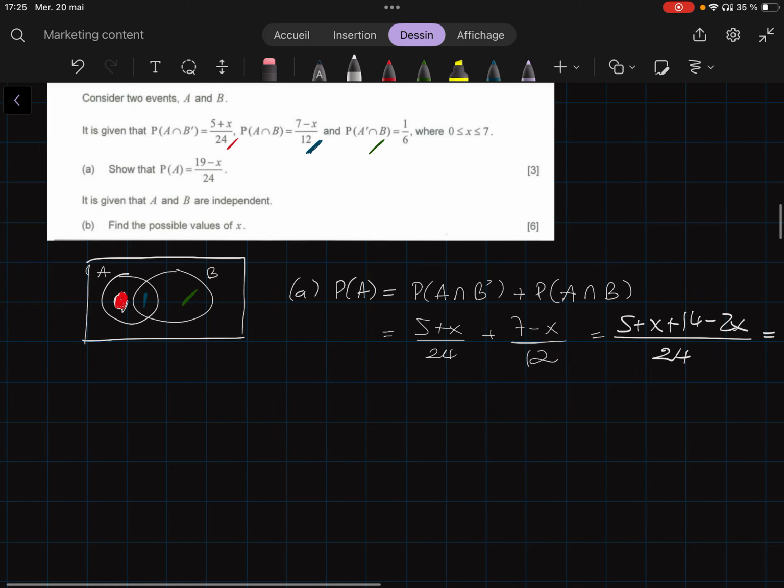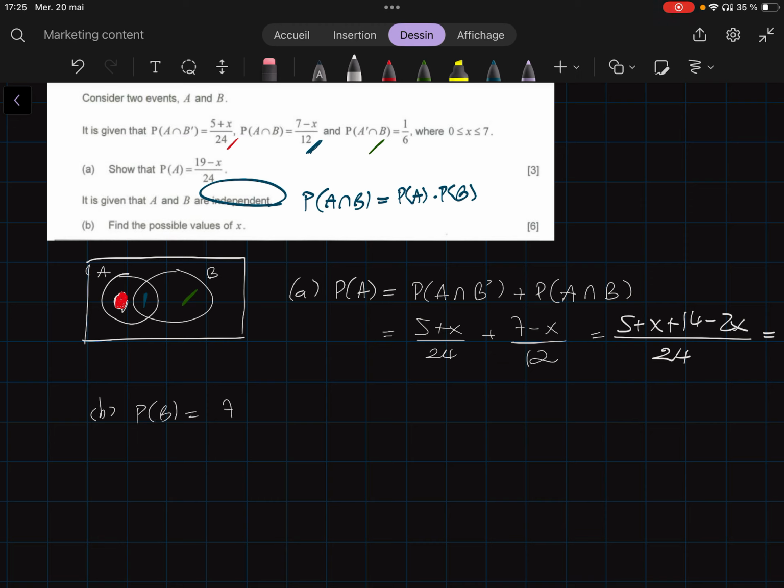Part B. It is given that A and B are independent. Okay, what do we know about the two events if they're independent? That means P of A intersecting B is PA times PB. So first, we need to find an expression for the probability of B. So this is this plus that, or this.